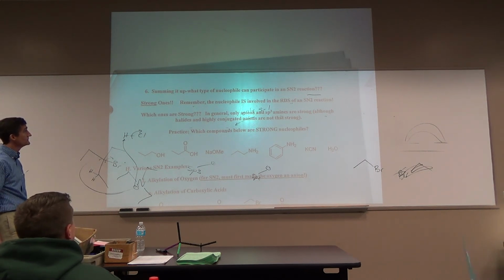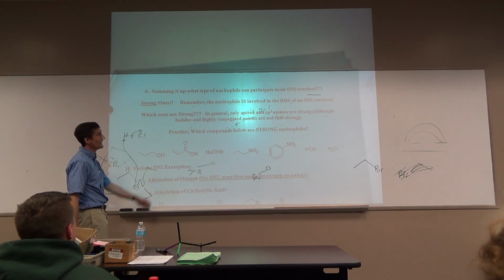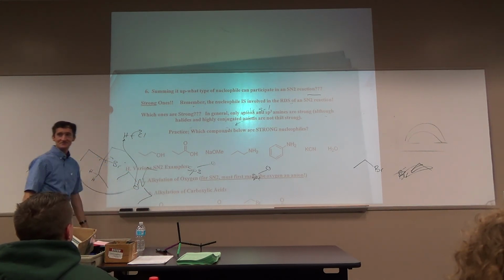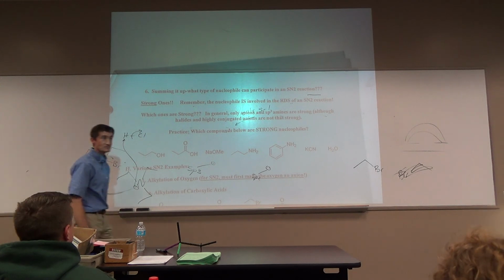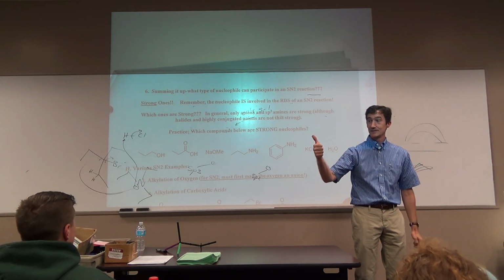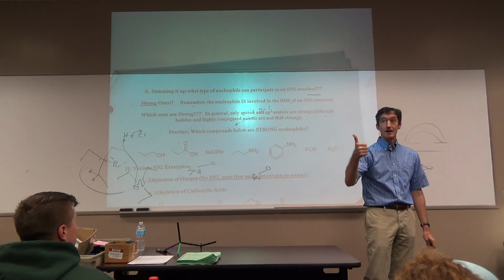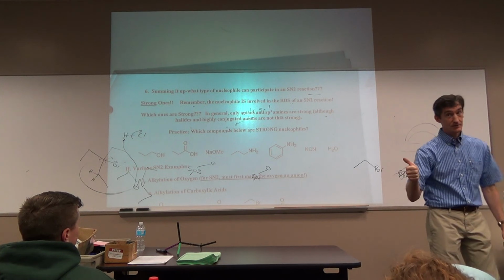Strong ones, written up there. Which ones are strong? The same as for bases. Anions. sp3 nitrogens, but not tertiary amines, because they're sterically hindered. Sterics make it not strong.